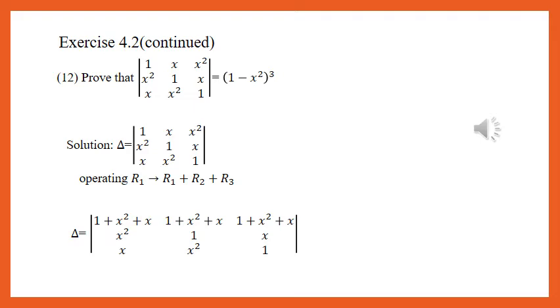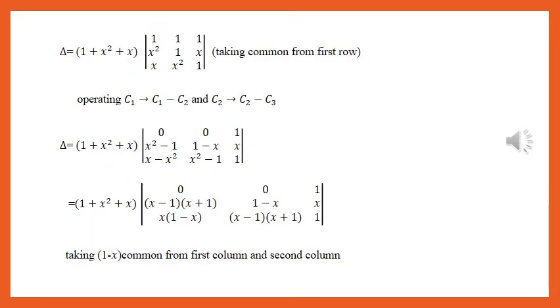See children, one of the factors of 1 − x³ is 1 + x + x², that we got through the first row elements. Now from R1, let's take 1 + x + x² out. So delta is equal to (1 + x + x²) times the determinant with first row 1 1 1.